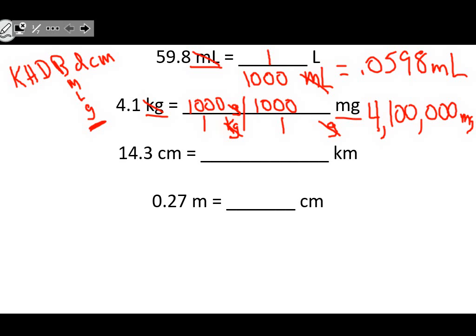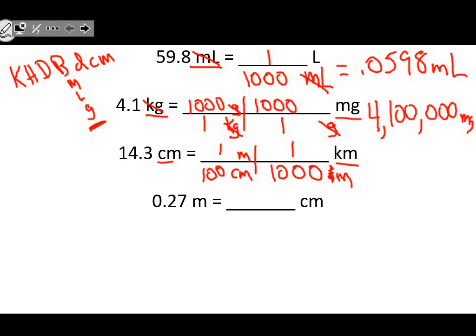All right. Kind of the same thing, just going from a small unit to a large unit. And this one went from kilograms, which is a fairly large unit, to a fairly small unit. Here we're going to go from a fairly small to a fairly large. Okay? So, centimeters goes on the bottom. This time our base unit is meters. Okay? Meters gets the 1. There's 100 centimeters in every meter. Okay? So now we got to get rid of meters. Kilometer is larger, and it's 1,000 times larger than meters.